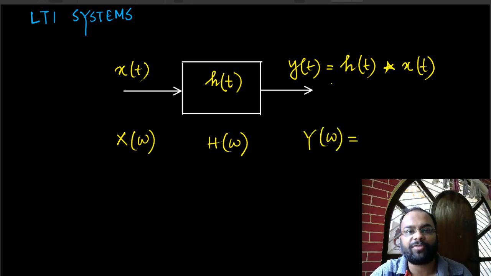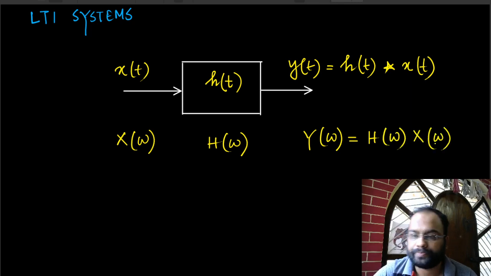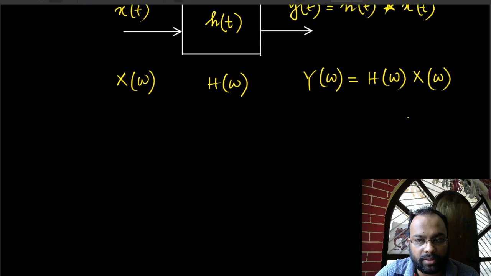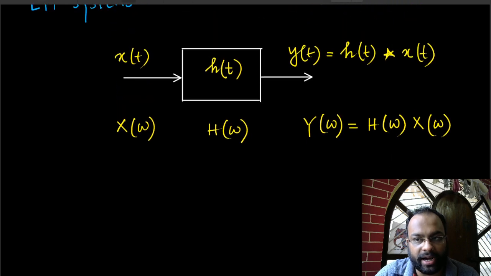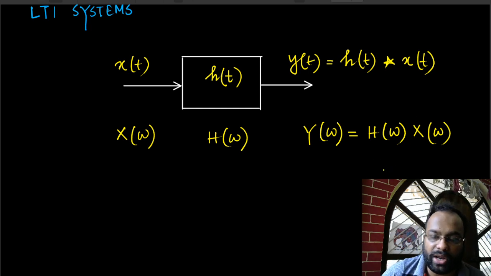It is the Fourier transform of the convolution of h(t) and x(t). This is going to be H(ω) times X(ω), because after the Fourier transform the convolution becomes a product. That's the most wonderful property here. So instead of doing this convolution, we can multiply these and take the inverse Fourier transform to get back to y(t).